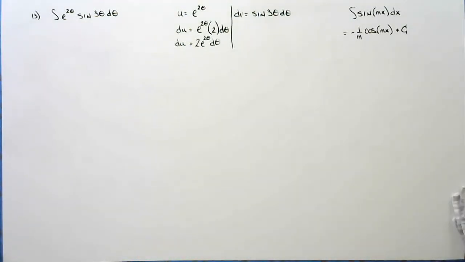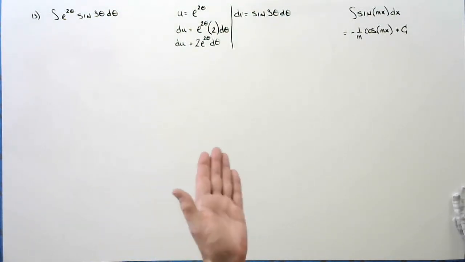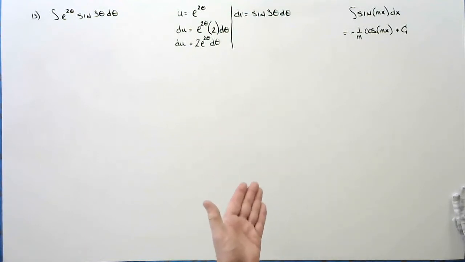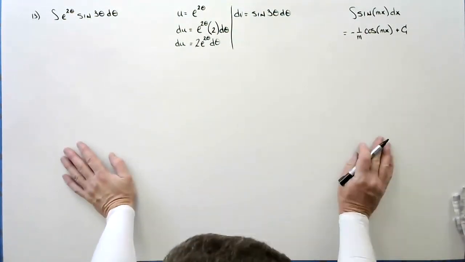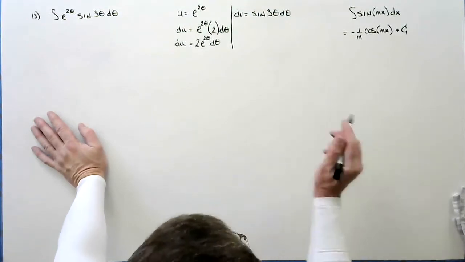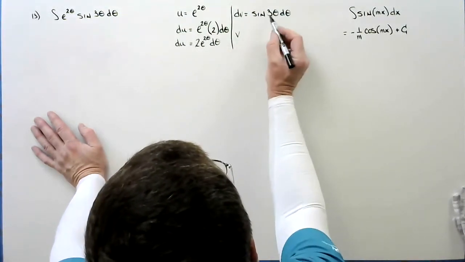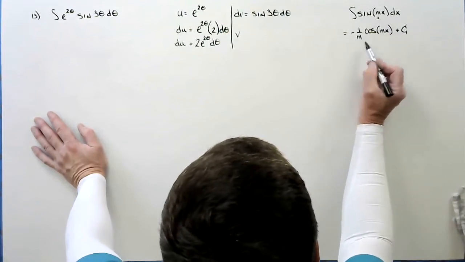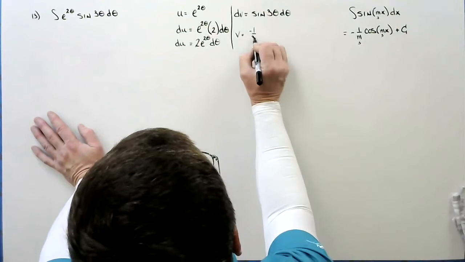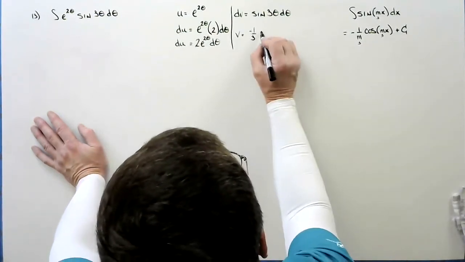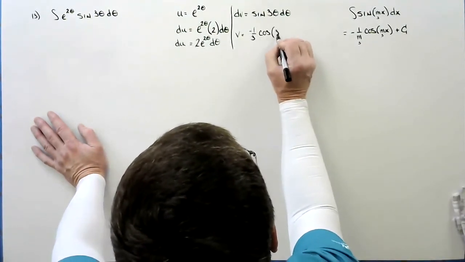So perhaps the reason Stuart gave us problem 8, asked us to find the integral of sine mx, was so that in the future, when we worked on something like the sine of 3 theta, we could avoid a u substitution step, and we could just do the integral straight up, knowing that we just worked out the formula on a previous problem. So we know if we integrate sine of 3 theta, this is just m is 3. We're going to get minus 1/3 cosine 3 theta.